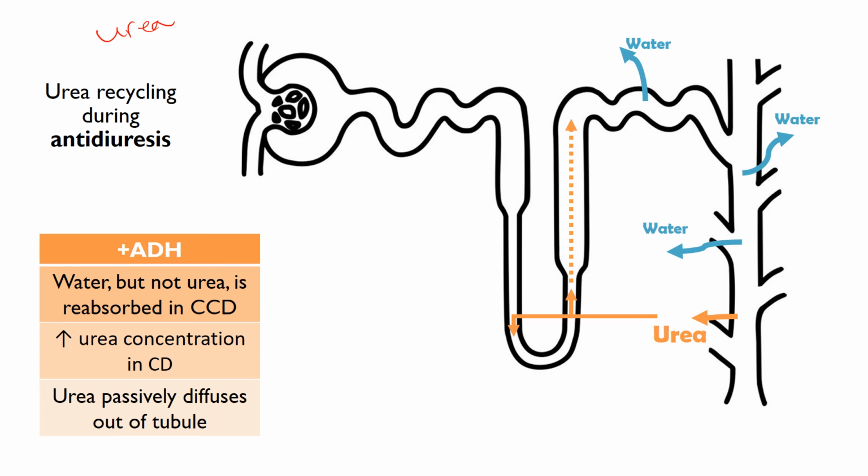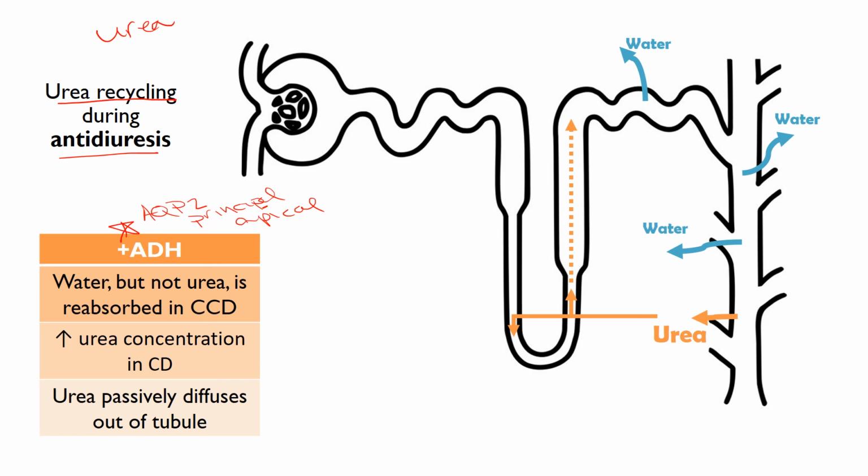So there's a concept called urea recycling, and this only occurs in antidiuresis. So whenever we have the presence of ADH, not only do we have those aquaporin 2 channels being inserted into the principal cell apical membrane, now we're going to stimulate this process called urea recycling.